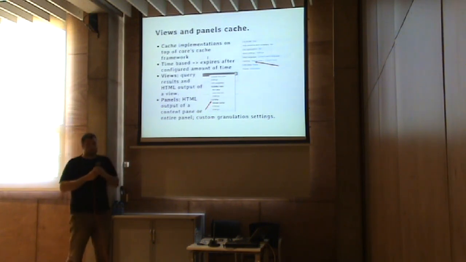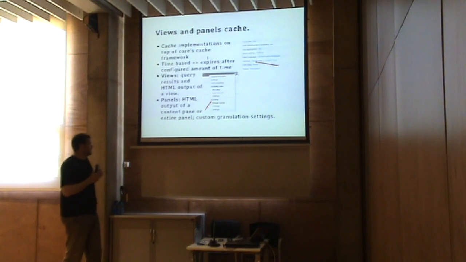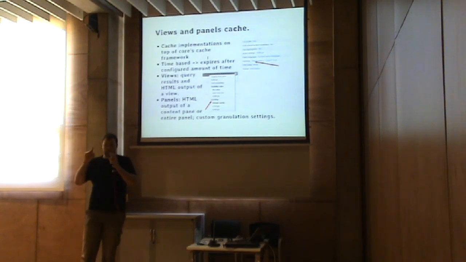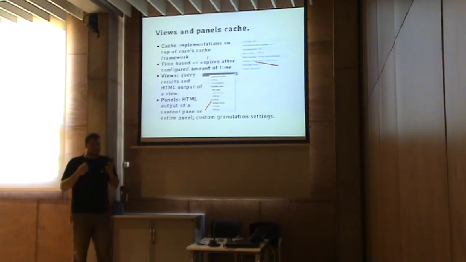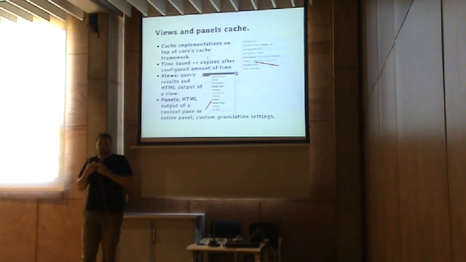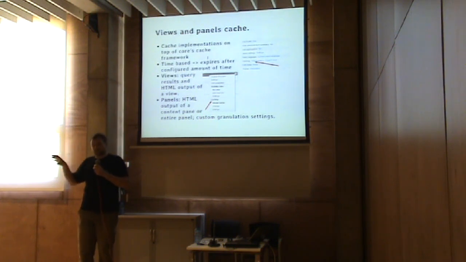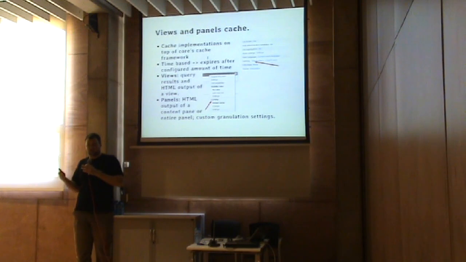The similar thing is implemented in panels. You can cache every single content pane in panels. You also can set for how much time, and even set the granularity level. So if you have context in panels, you can say, okay, cache this content pane for every context, so you will just get one item for every context that exists, or cache another panel based on context, and you will get a different cached version of your pane depending on the context.